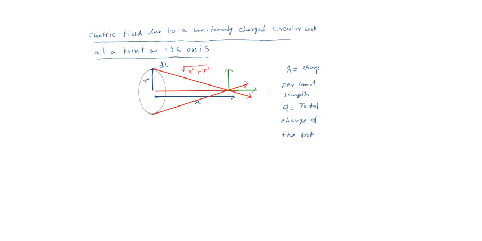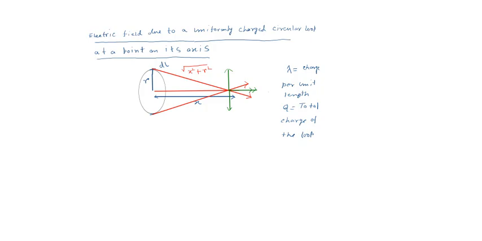Similarly, for the other electric field it will be the same, and again one of the components will act downwards like this, and the other one will again act along the axis.